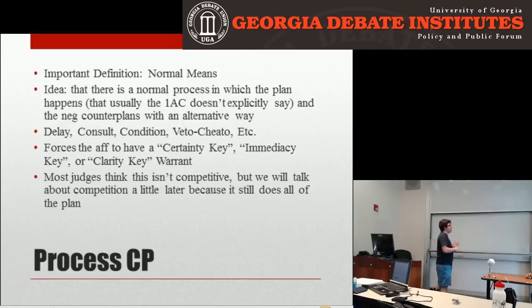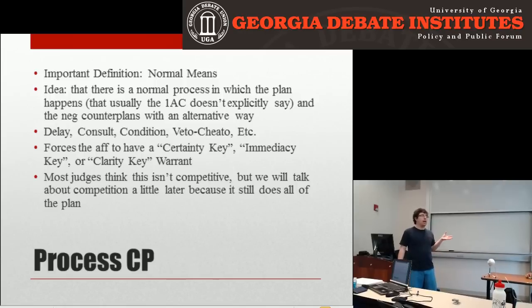The common examples of this will be, we should not do the plan until after an election, or not do the plan until after X bill passes, right? That's a delay counterplan, which, if you have a plan text that says the USFG should, it might not necessarily mean do it immediately, right?